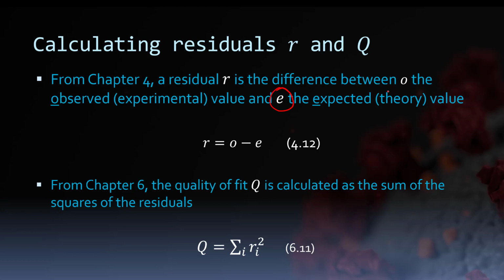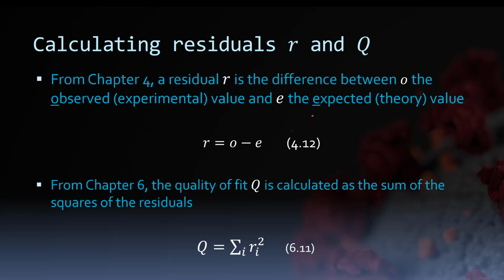Observed means the experimental value, or in our case, the value reported by the European CDC. Expected is the number that the theory would predict. So the residual is the observed minus the expected.